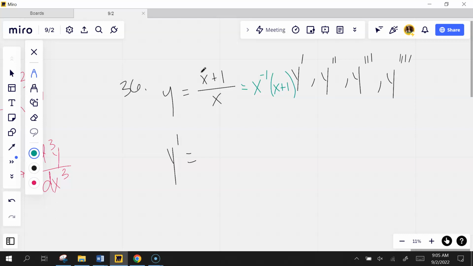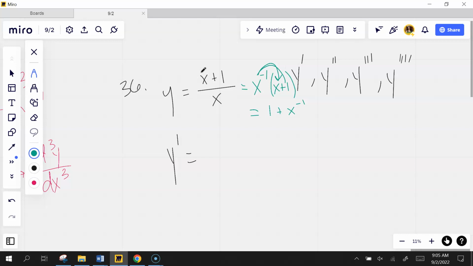And what I might even do is simplify this further to be, what's x to the negative 1 times x? X to the what? 0, which is 1, plus x to the negative 1. I think that's going to be a lot easier for me to work with and try to derive than what I started with.